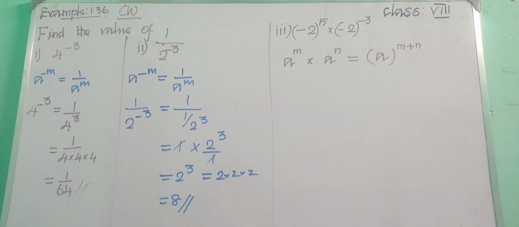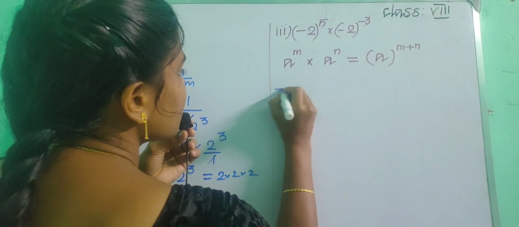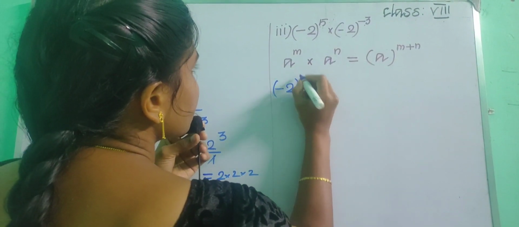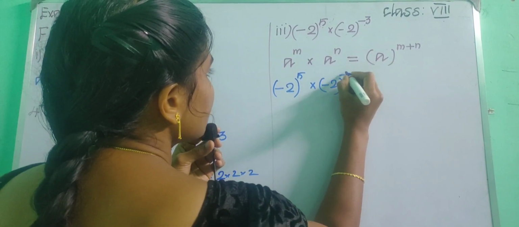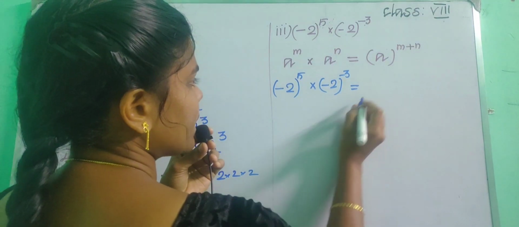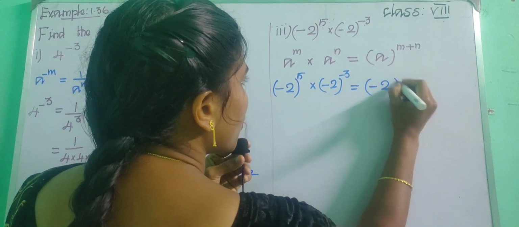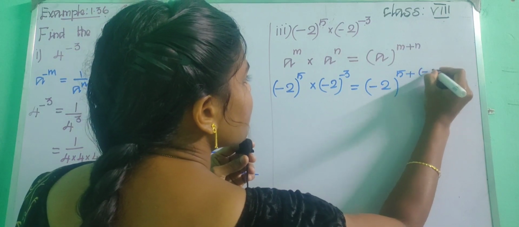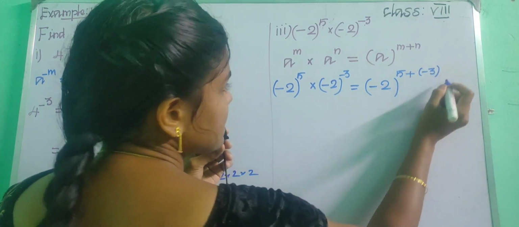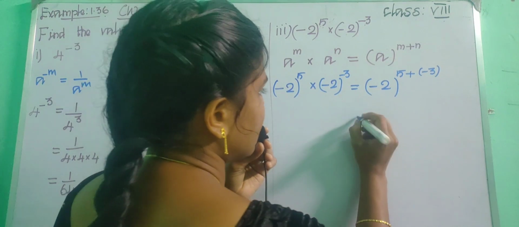Okay, children. So here we have minus 2 the whole power 5 into minus 2 the whole power minus 3. How will you write it? Minus 2 the whole power 5 plus minus 3. Plus into minus is minus, so 5 minus 3. What will you get as the answer?